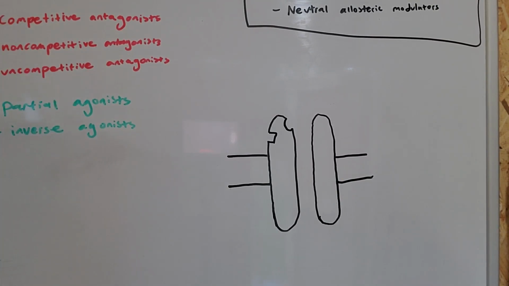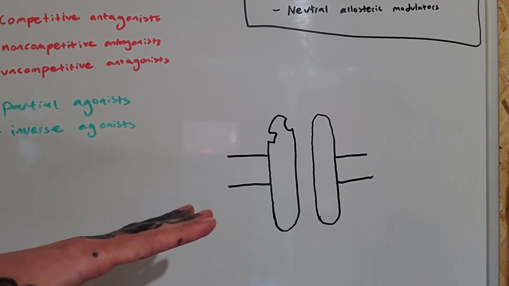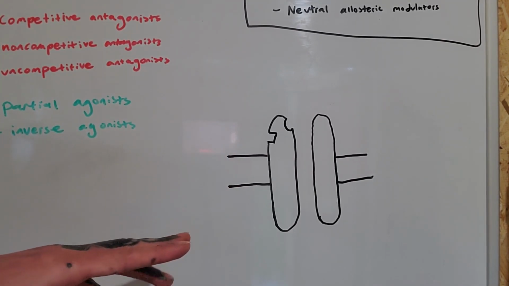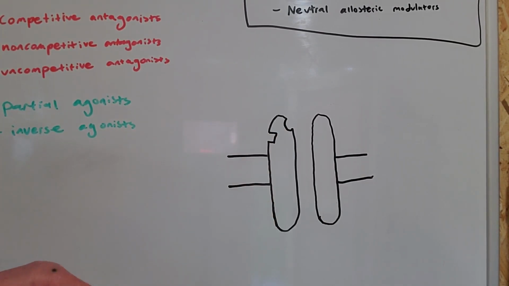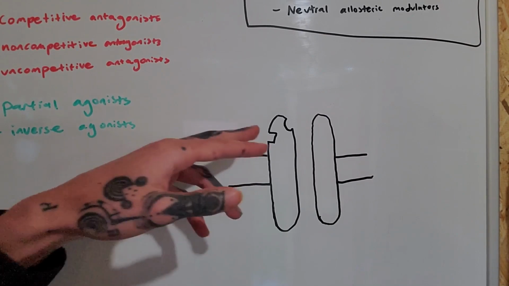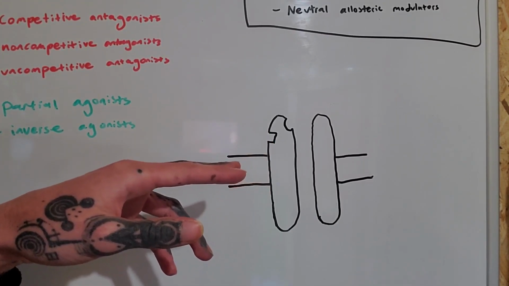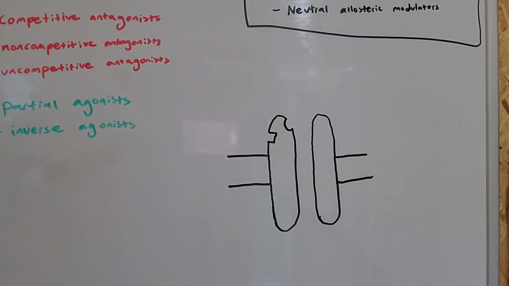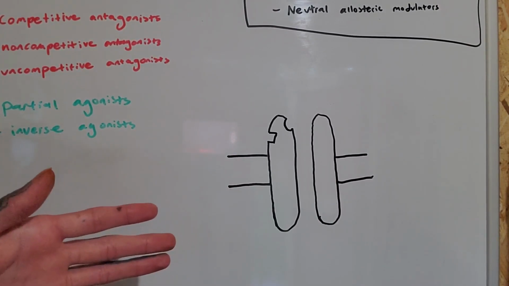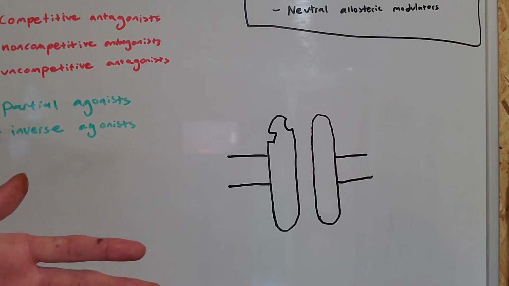But receptors generally have multiple binding sites. There's generally an orthosteric site, or multiple ones in certain cases, where the endogenous ligand of that receptor binds. And just to go over endogenous versus exogenous, endogenous means that the ligand in question is naturally occurring within the body.